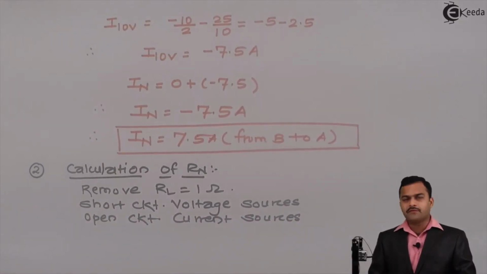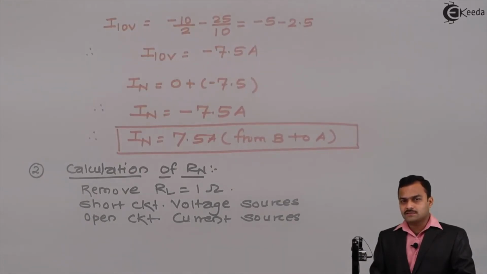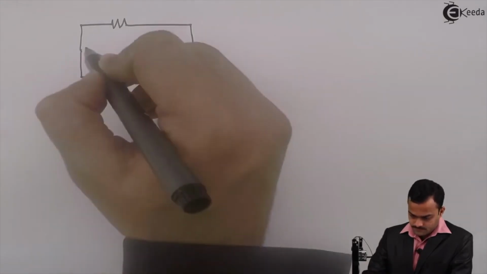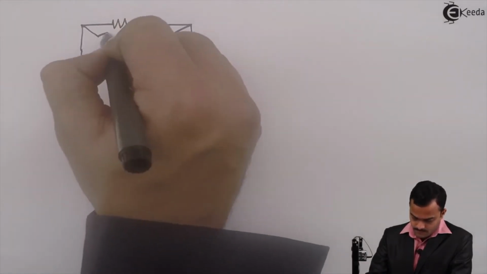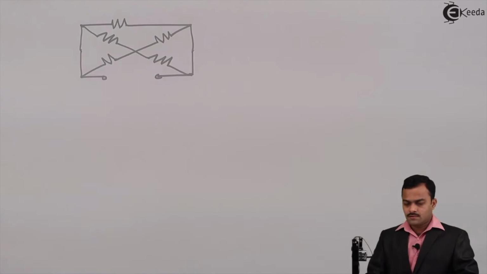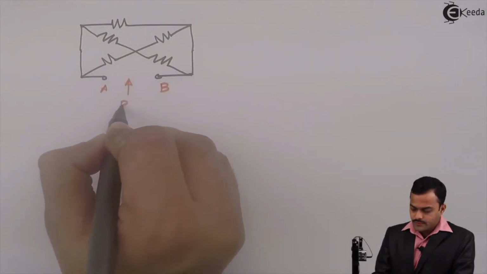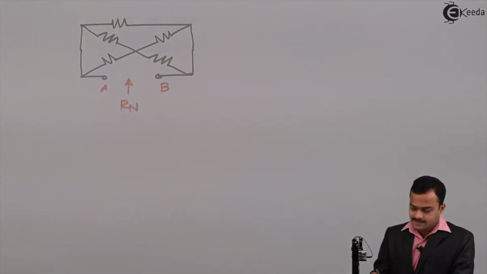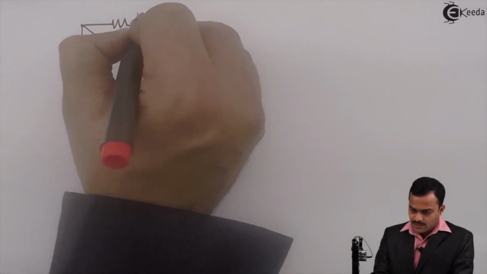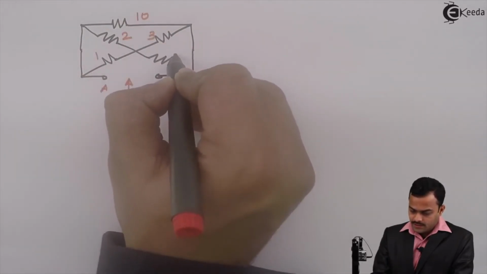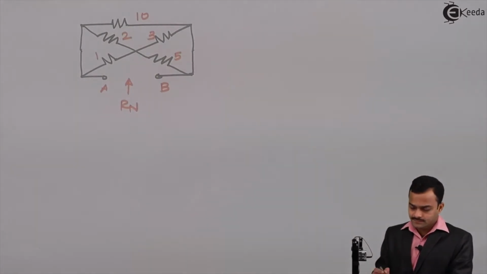So if I do this modification, the circuit will look like this. With A and B terminals open, across which we are supposed to find Norton's resistance, and the remaining resistances are 10, 2, 1, 3 and 5 as they are.